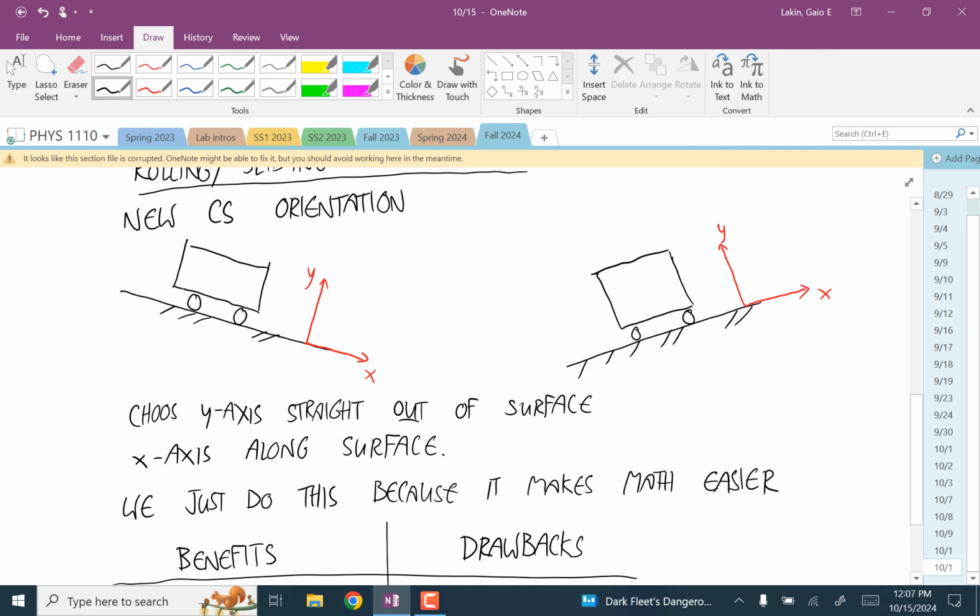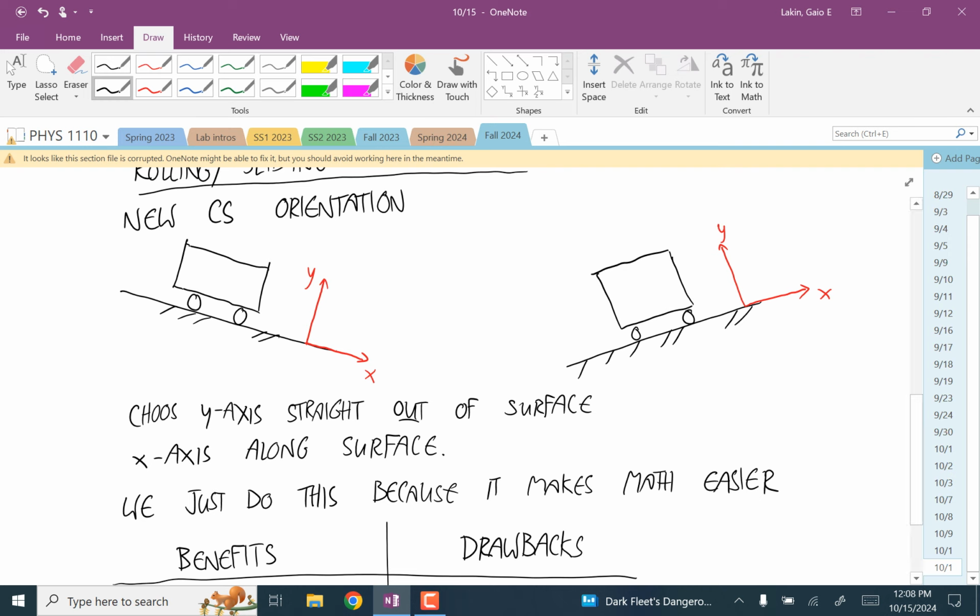Okay, so think about this cart on the left over here. If we used the usual coordinate system for that, notice that this thing would be moving along an axis that wasn't the x or y axis. It would be at an angle.